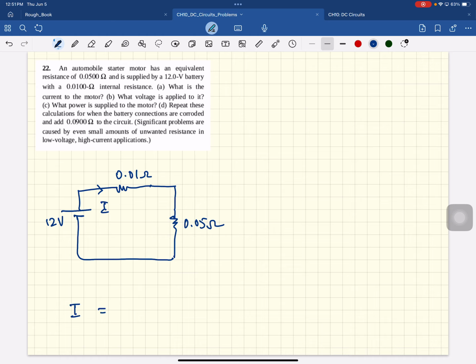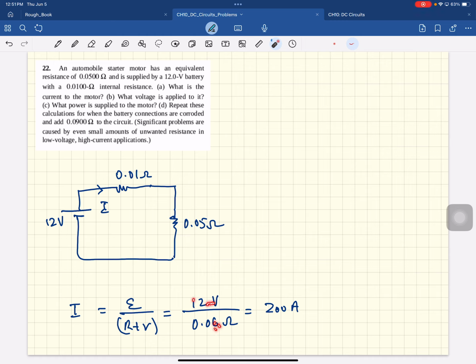So the current is EMF divided by R plus R. We'll multiply this by 100, 12 over 6 is 200 amps. So that's what it takes to start your motor.